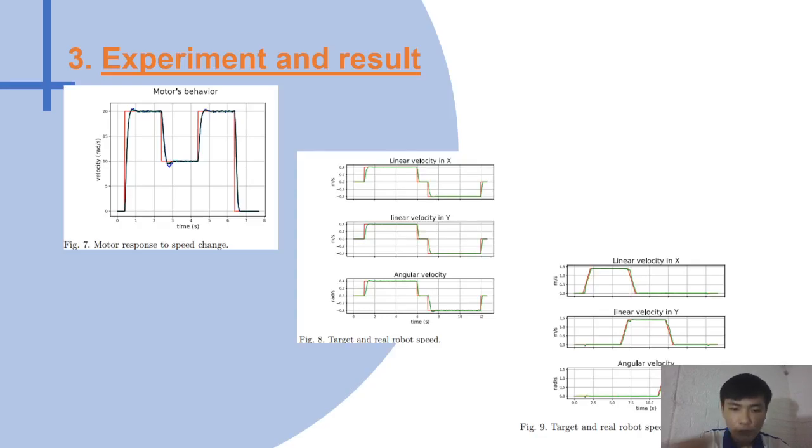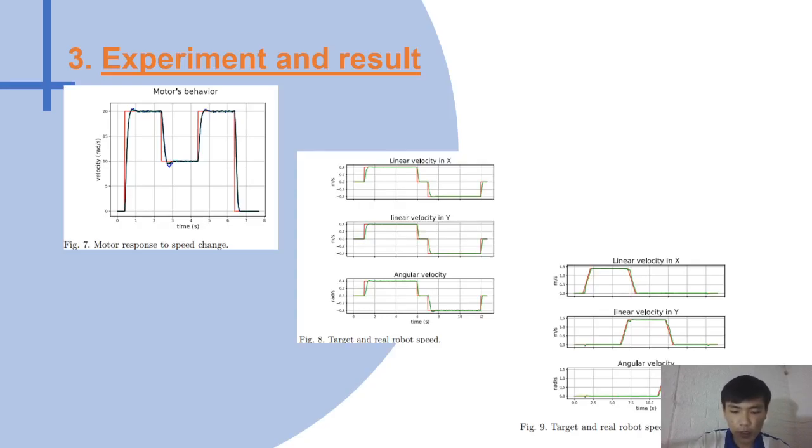These figures show how the target velocity is reached by the measured robot velocity. The green line represents the measured velocity of the robot, and the red line represents the target velocity.